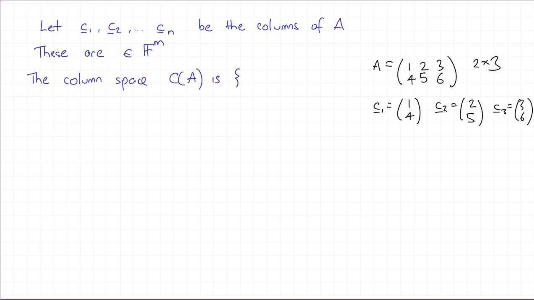So it's defined to be all things of the form lambda 1 C1 plus lambda 2 C2 up to lambda n Cn, where lambda 1 up to lambda n are elements of the field F. Okay, that column space is a subspace of F to the m.